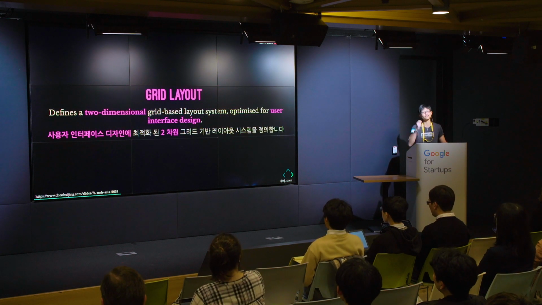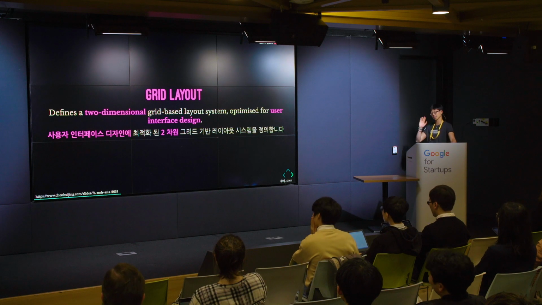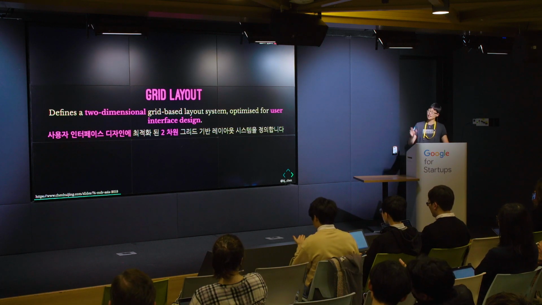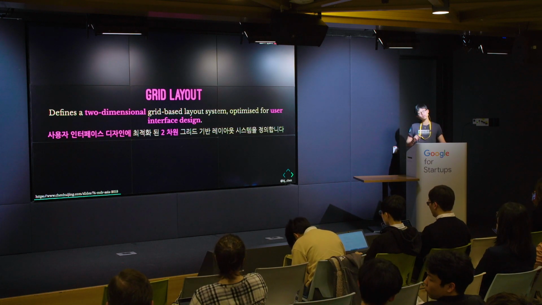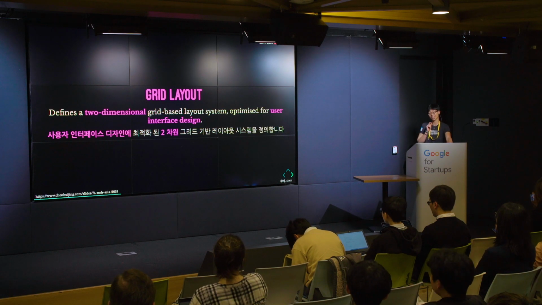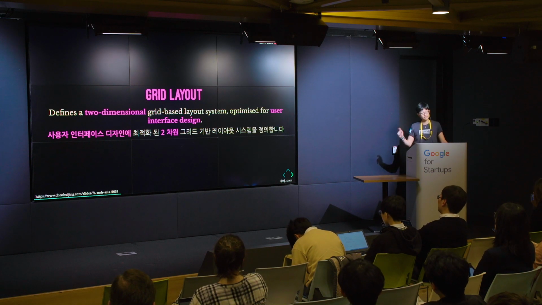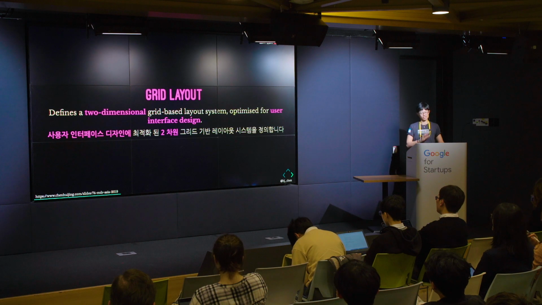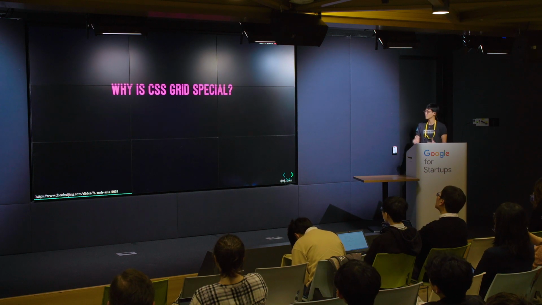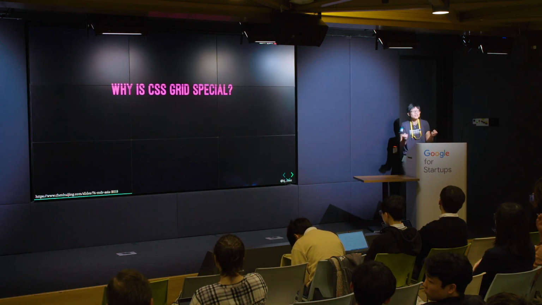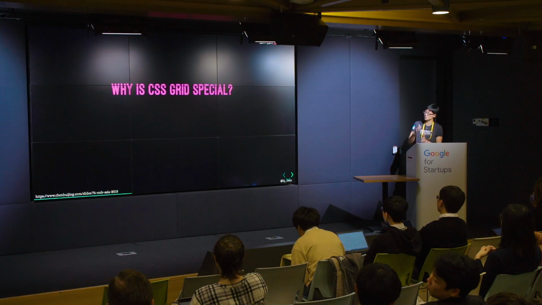Following that, we had Grid. So Grid was about 2010 when it was first proposed, and Grid, for now, is the only layout model that recognizes the relationship between rows and columns. But why is this significant? What's the big deal about 2 dimensions?